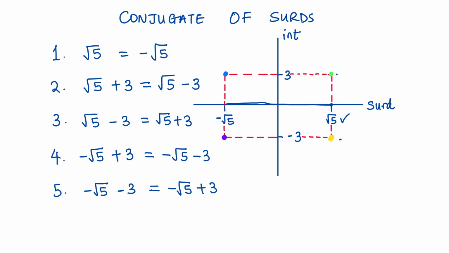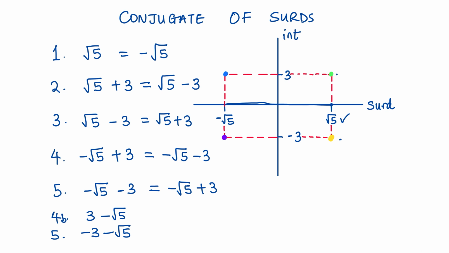But in order for things to be normalized across the board, what we usually do is make sure that the first term is the integer term and the second term is the surd term. That means that, for example 4 and 5, we can write them as 3 minus root 5 and minus 3 minus root 5, because we want to keep the integer term as our first term and then the surd term as our second term.